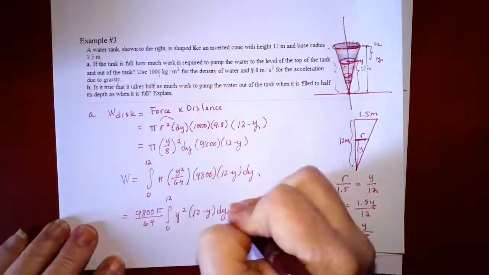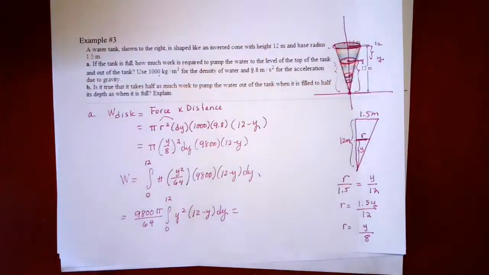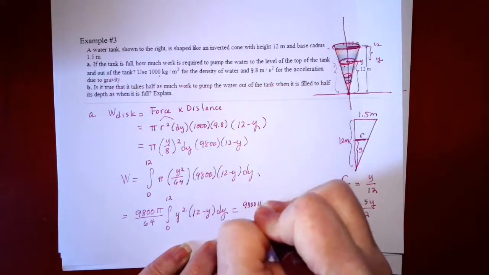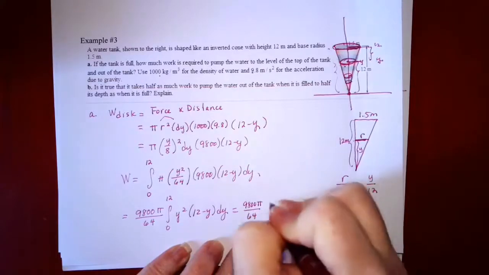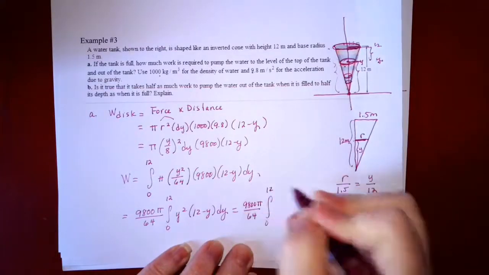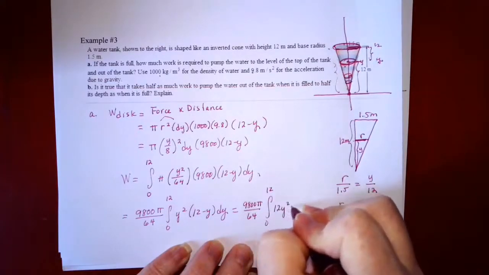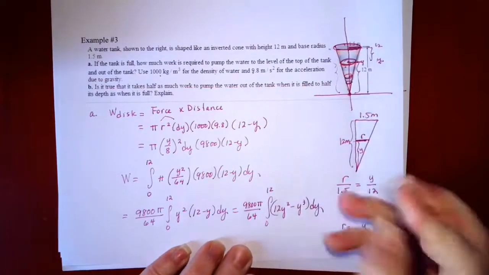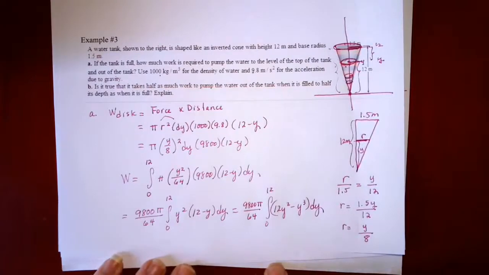So that would be what? What's 9800 divided by 64? 153.125. I'm just going to leave it. And then just integrate term by term.